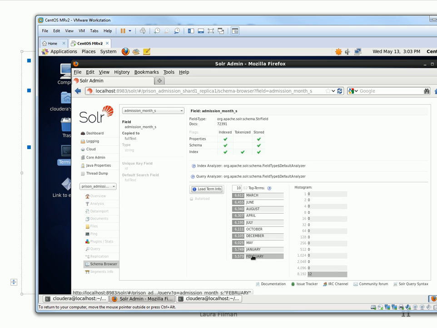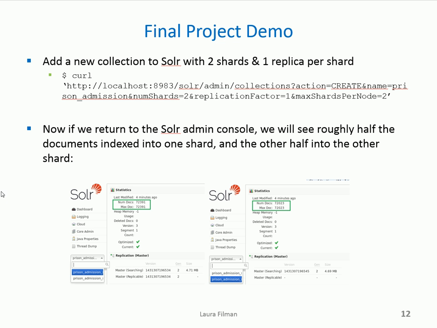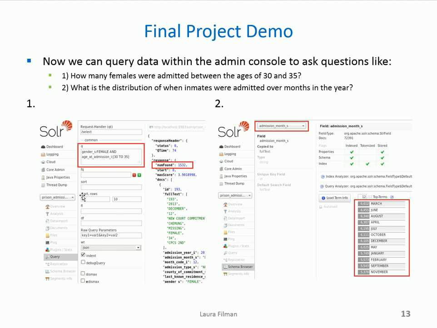So we could see less in the winter. I don't know. So what do we want to do next? So yeah, you can ask questions like how many females were admitted between the ages of 30 and 35. You can see the distribution of admitting inmates over months in the year.